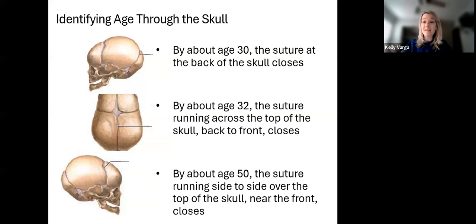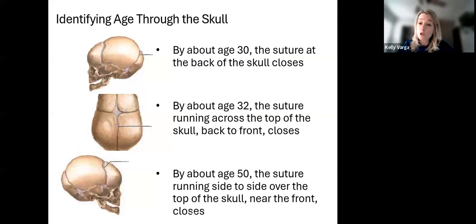So really, as far as your skull is concerned, these areas that have little tiny gaps to allow for many different things are not fully closed off until almost the halfway point, if not more, of your life. By age 30, the suture at the very back of the skull is going to start to close.